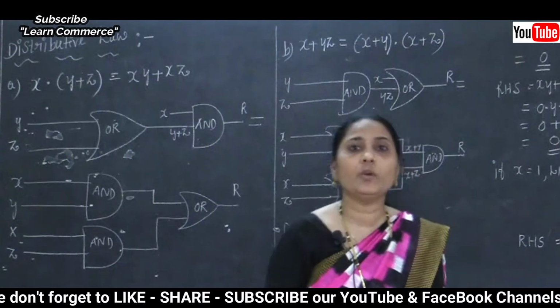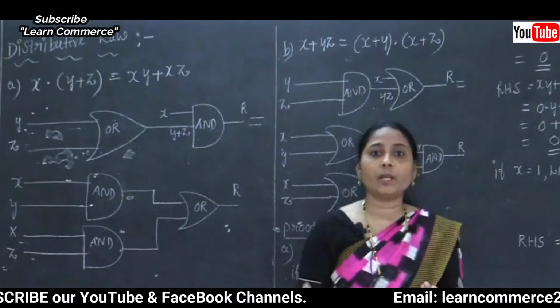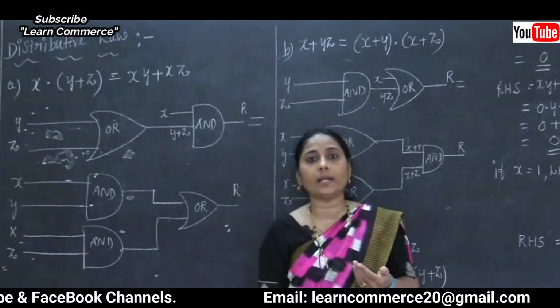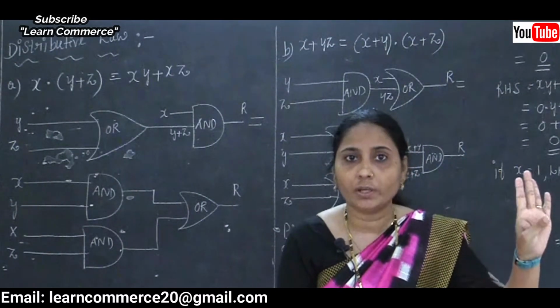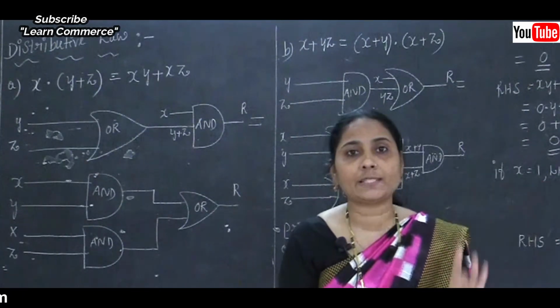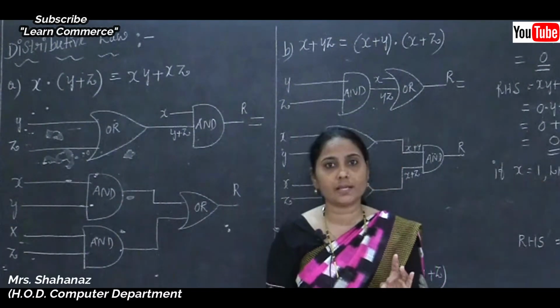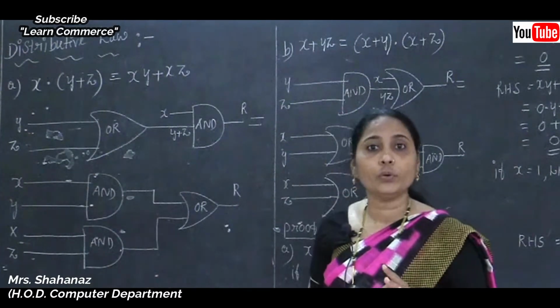We know the precedence rule of Boolean expressions: first give importance to NOT, then AND, and finally OR. If any expression is in parentheses, we need to take it first.